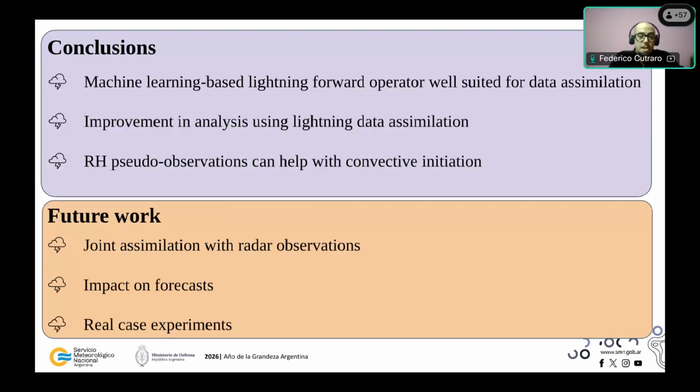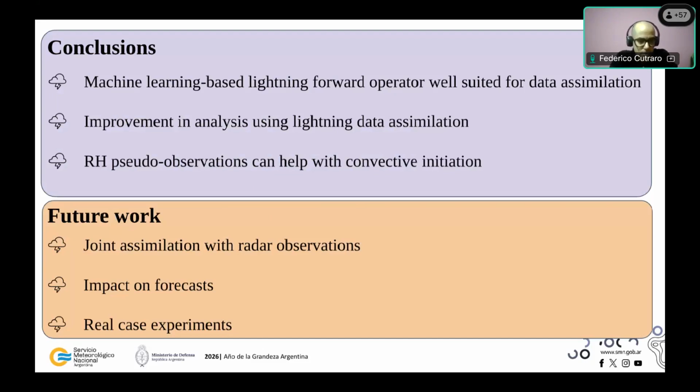We see a clear improvement in the analysis using the lightning data assimilation, and the pseudo-observation of relative humidity can help with the convective initiation in the cases where we have the limitation of the LETKF.